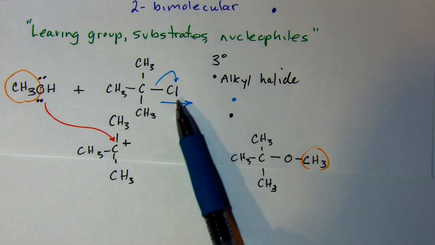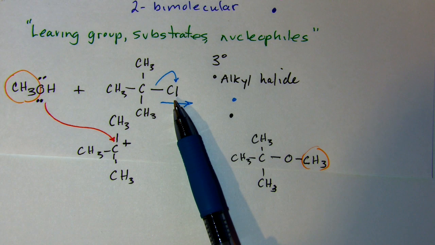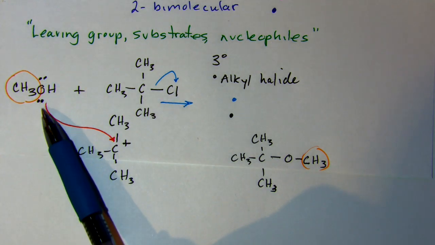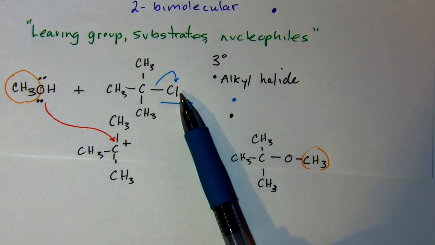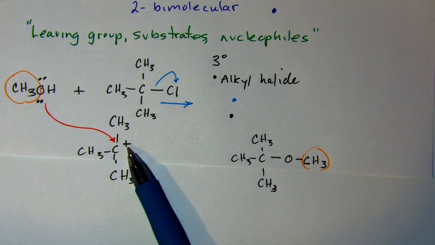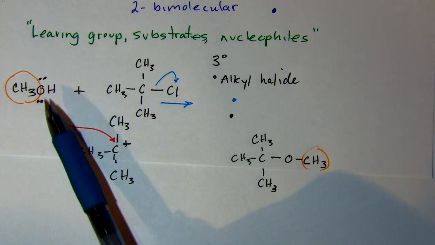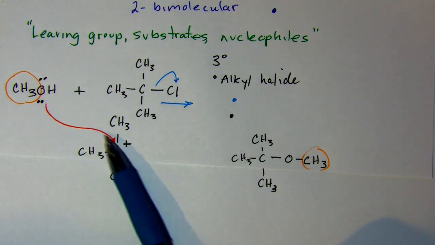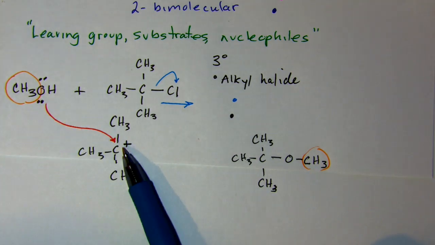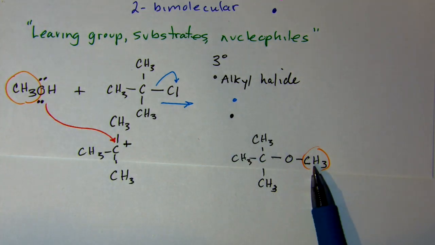This substrate has to lose this leaving group. This has to be stable. And then this nucleophile, after that chloride leaves, becomes positive. This negatively charged oxygen will come in there, attack, and then you're left with this.